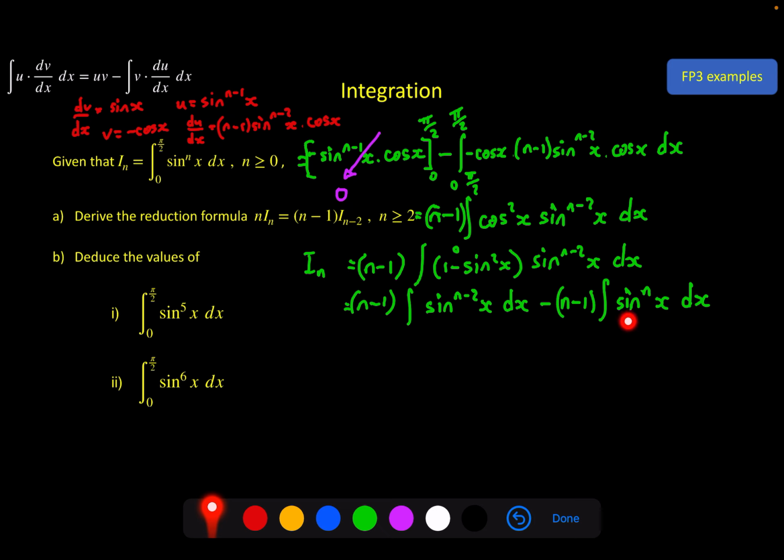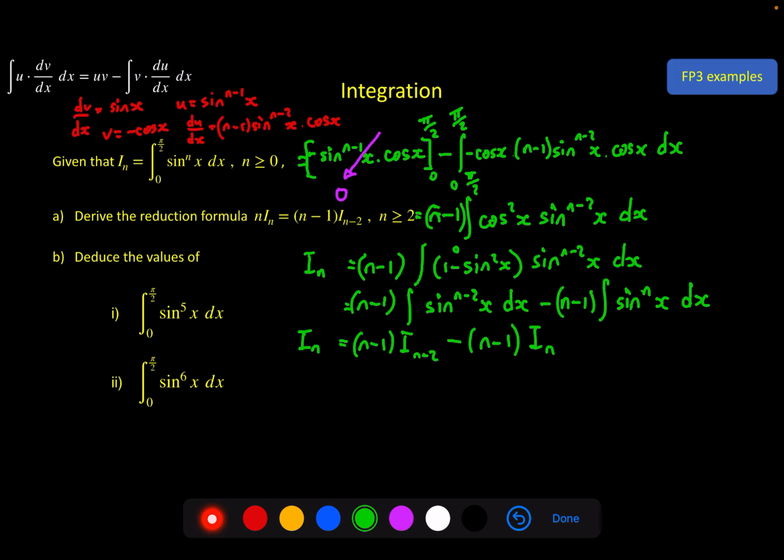And now you can see that this integral is the same as this. Well, I won't write all the limits on, but of course all the limits are still there. So this can be written as I_n, and this is in exactly the same format, but with an n minus 2. So this is n minus 1 times I_(n-2) minus n minus 1 times I_n. And on the left, I_n.